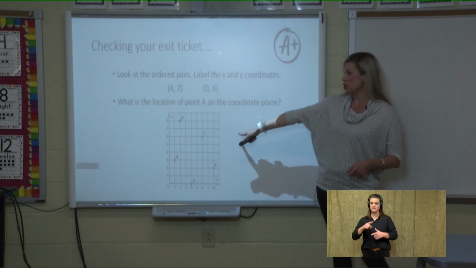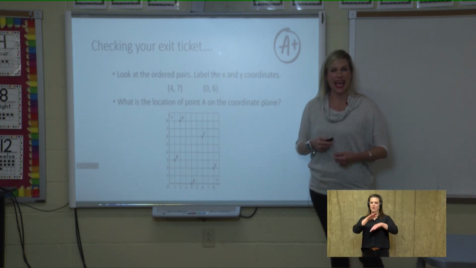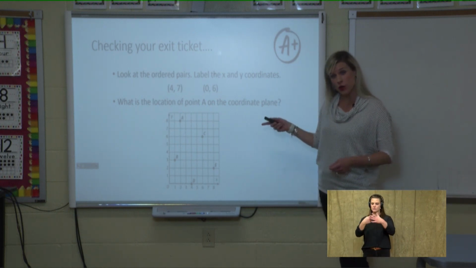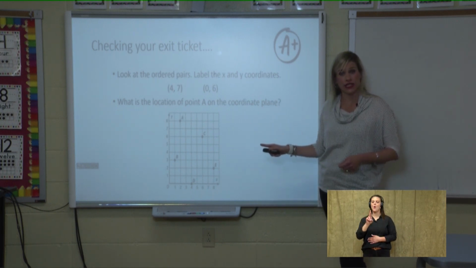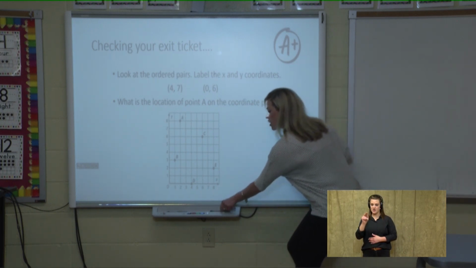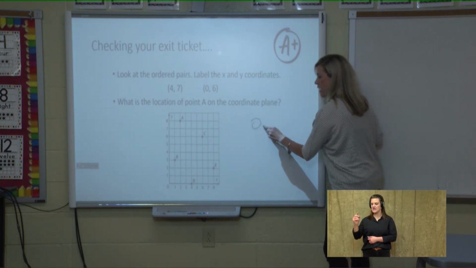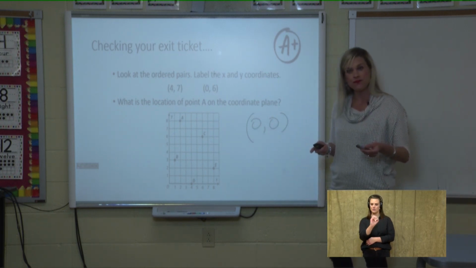And then I asked you to find the location of point A. Do you remember where we start when we look at the coordinate grid? Yeah, we always start at the origin. And if you can remember, the origin is always 0 x and 0 y, (0, 0).